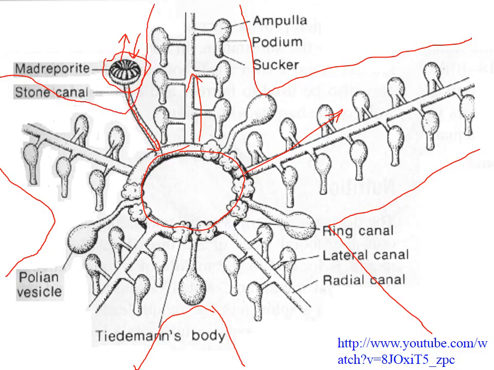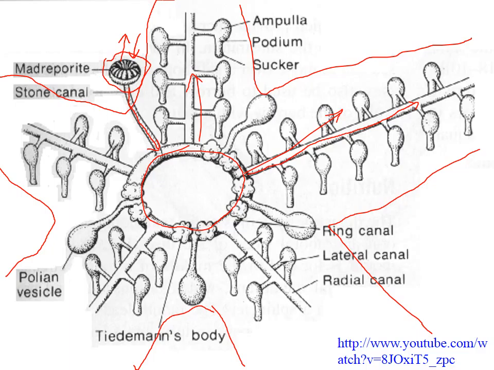So now you've got 5 points of the star's arms. The ring canal leads to these canals that radiate down the arm. That's the radial canal, like the radial spokes of a bicycle wheel.